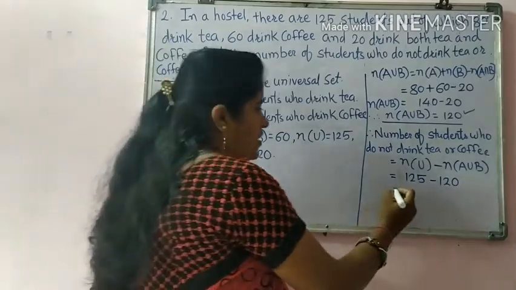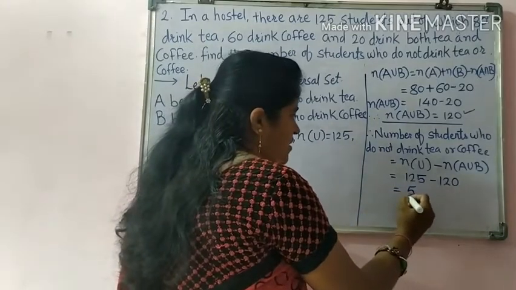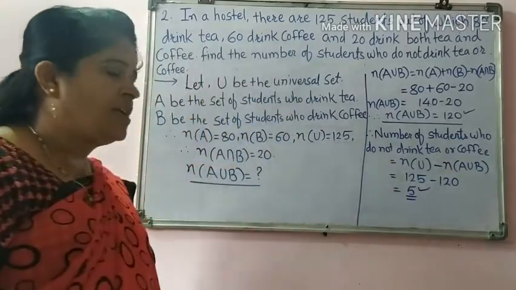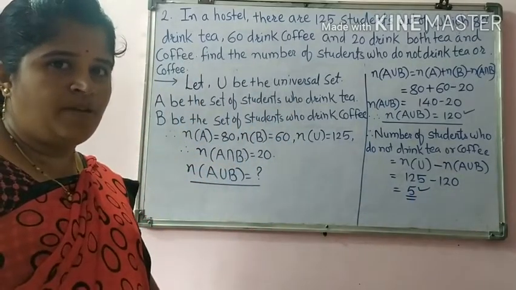So this is equal to 5. So there are 5 students who do not drink tea or coffee.